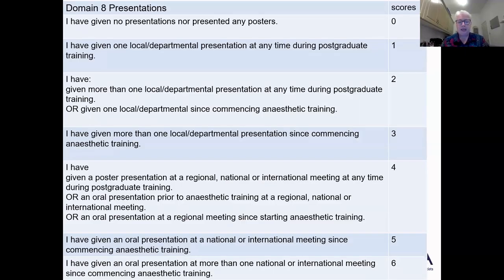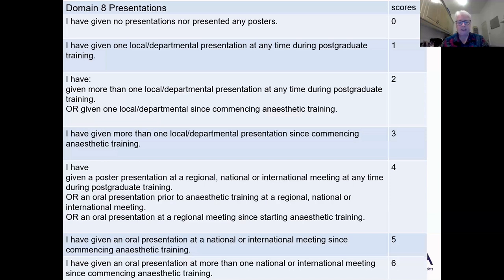So presentations, sometimes this does cause a bit of confusion for the 4, 5, and 6 points. Any poster presentation at a regional, national, or international meeting will gain 4 points, provided the evidence has been uploaded.